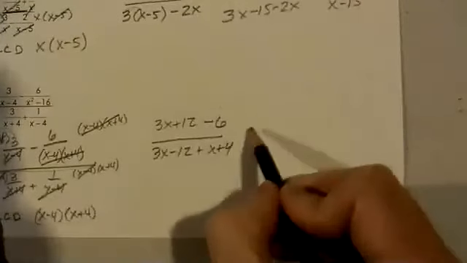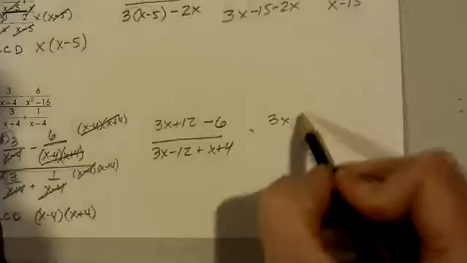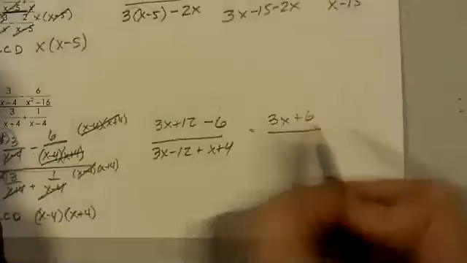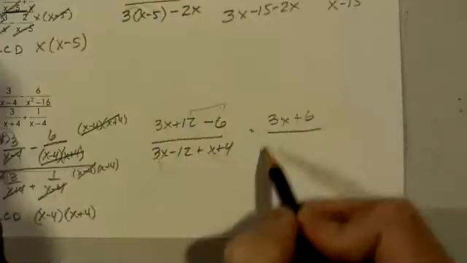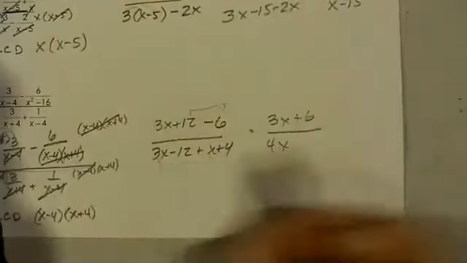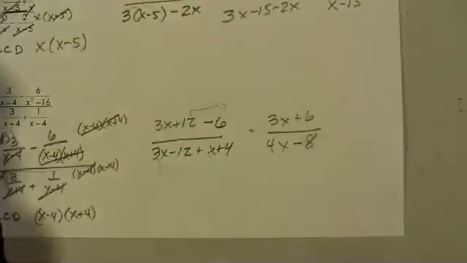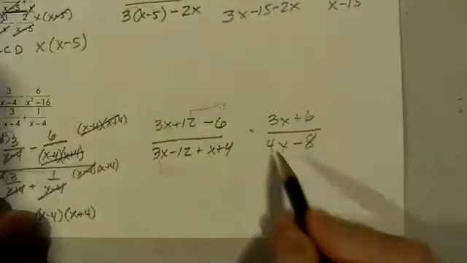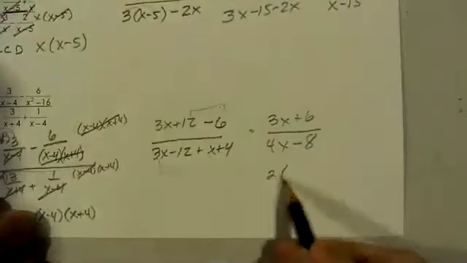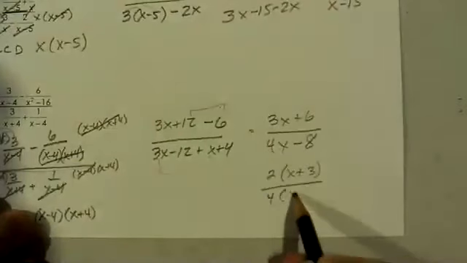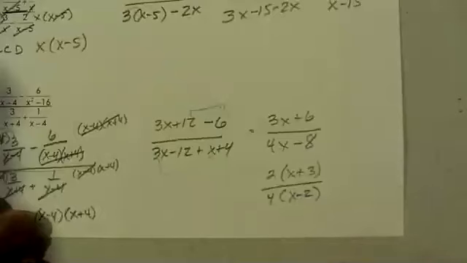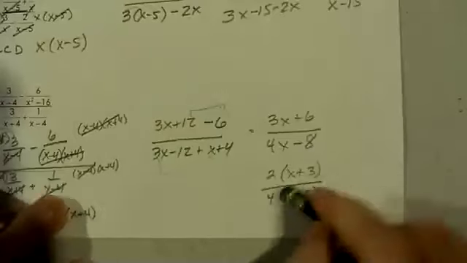So our like terms say that this is 3x plus 6, those two combined together. And here we're going to get 4x minus 8. It looks like we could pull out a GCF from that. But if you notice, it didn't really help. Hang on a second. We wouldn't have a 2 here.